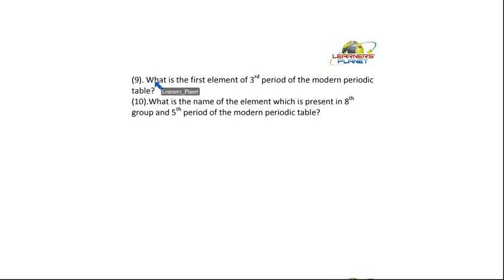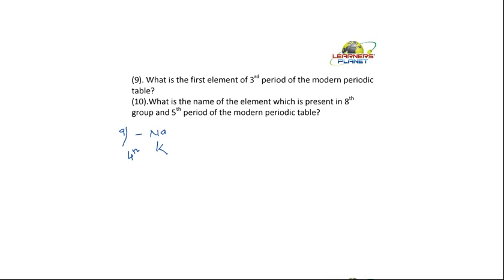Now moving to our next question: what is the first element of the third period of the modern periodic table? We have just now discussed, it is sodium. Likewise, what is the first element of the fourth period?